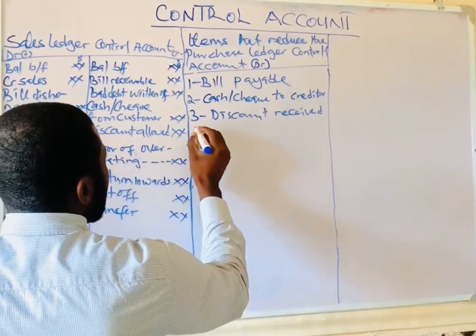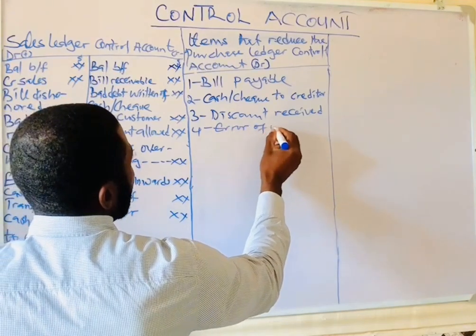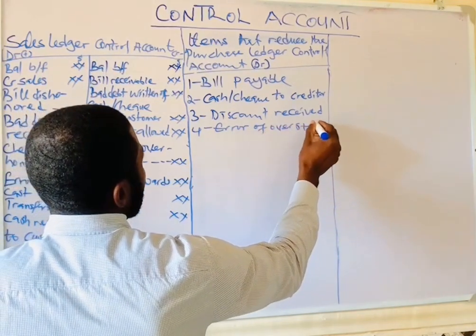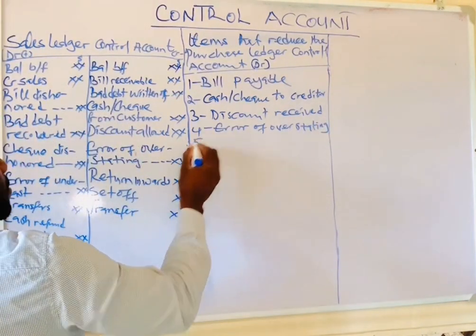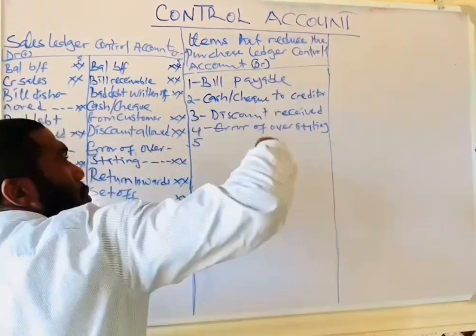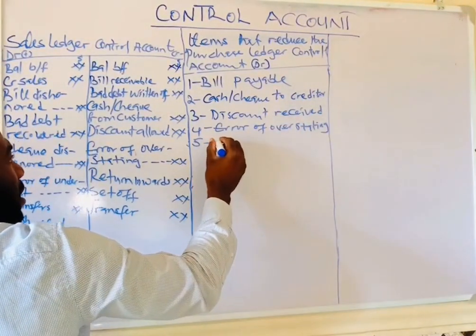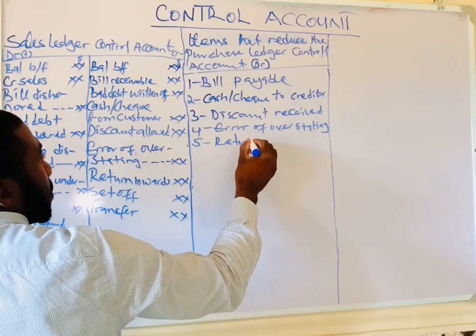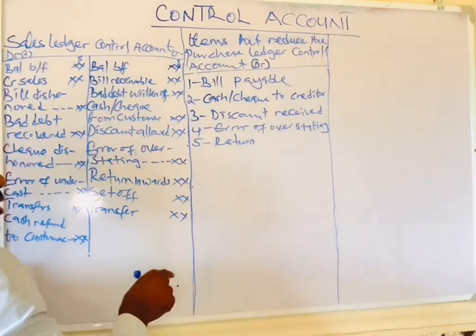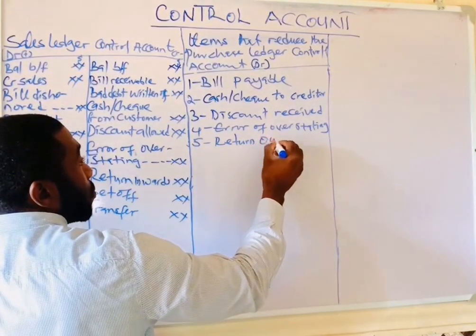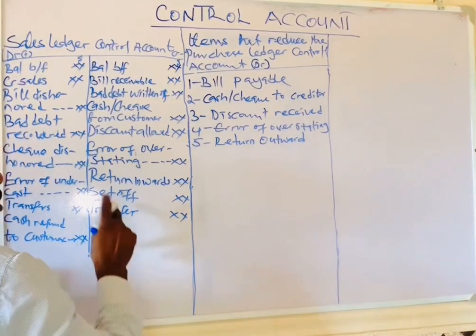Error of overstating, yes, there will be an error of overstating. It will reduce the balance. 5, return inward, here will be return outward, returning the goods to them, and it will reduce our credit balance. I hope you're getting it.